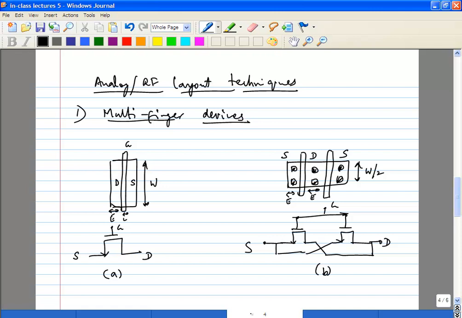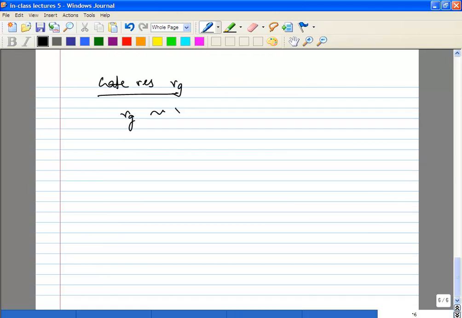In reality, that's not true because the actual gate resistance is a distributed quantity. Just like this transistor, there's a transistor all the way along, and each signal sees a different resistance. So there is an expression in terms of the number of fingers, but it will go approximately as RG over 4 for 2 fingers.